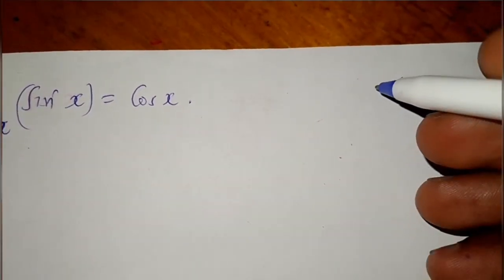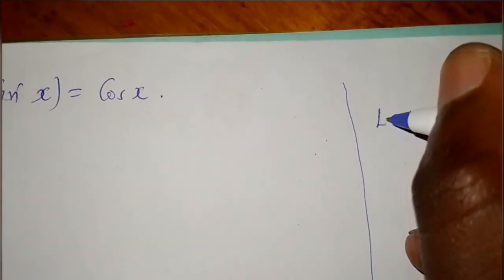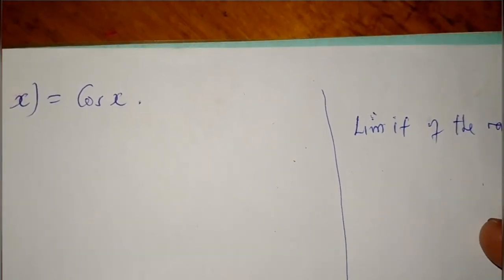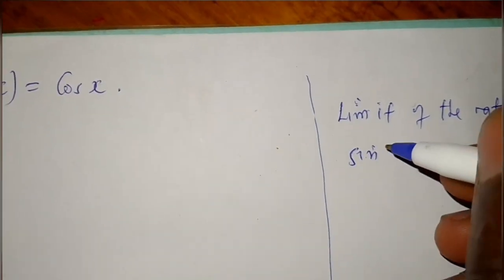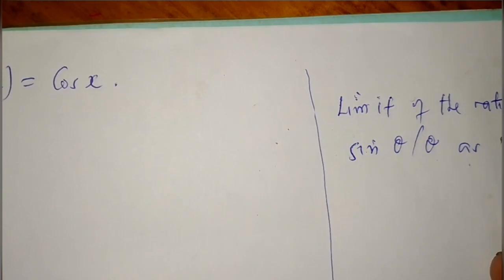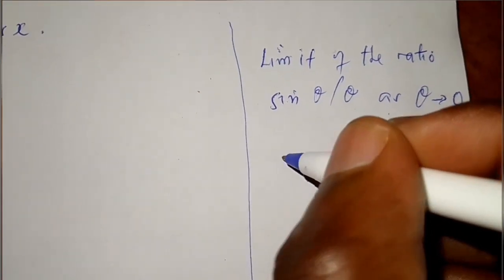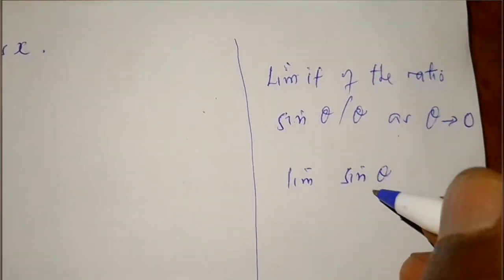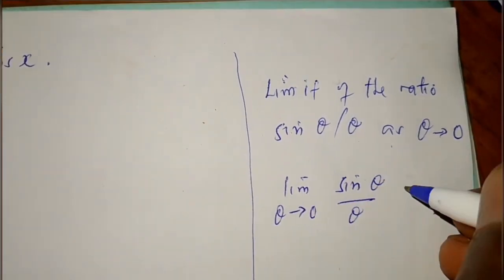For example, we shall use this theorem that the limit of the ratio sine theta over theta as theta tends to 0 is equal to 1.